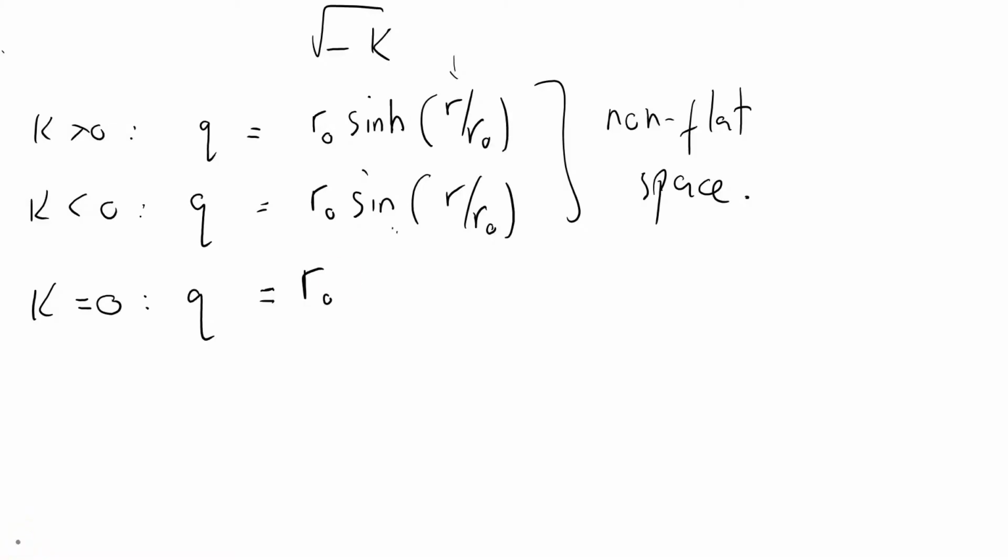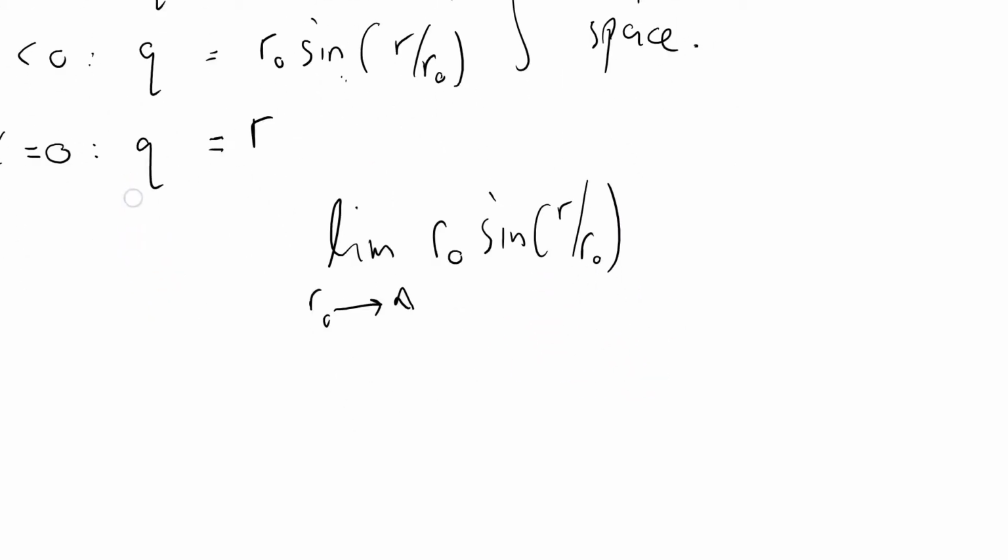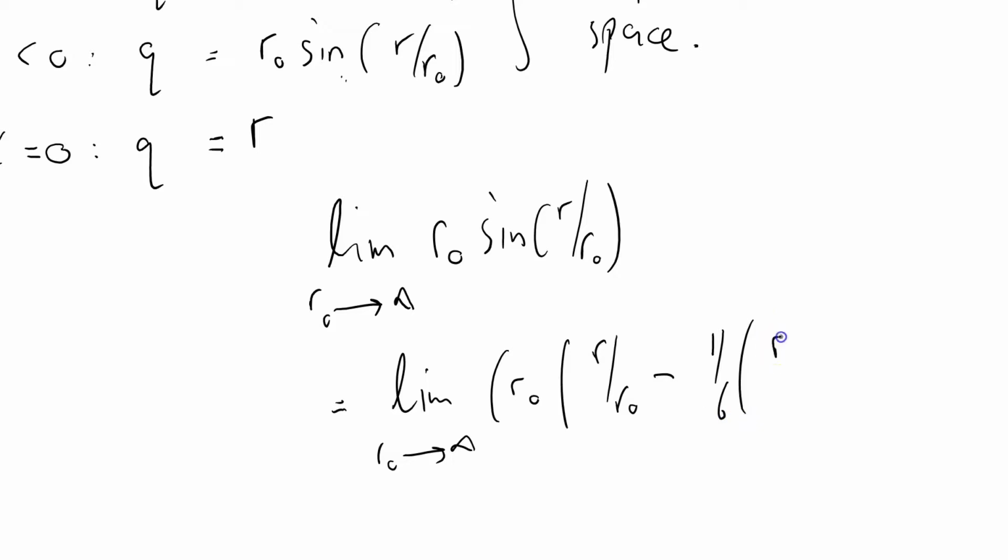The first thing I'm going to do is correct an error which I made at the very end of last screencast. I didn't want to record the whole thing again. Get rid of that 0 there. In either of these cases, I'm considering the limit as r0 approaches infinity of r0 times sine of r over r0, which equals the limit of r0 times (r over r0 minus a sixth of r over r0 cubed, plus higher terms).